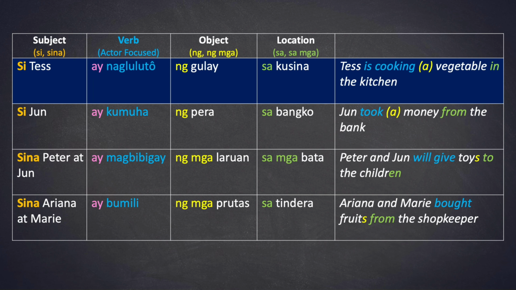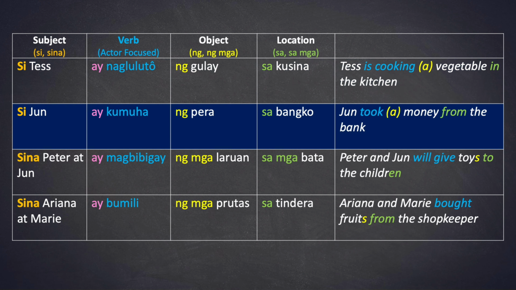Let's try this with the SVO+Location Pattern. Si Tess ay nagluluto ng gulay sa kusina. Tess is cooking vegetable in the kitchen. Si June ay kumuha ng pera sa bangko. June took money from the bank.